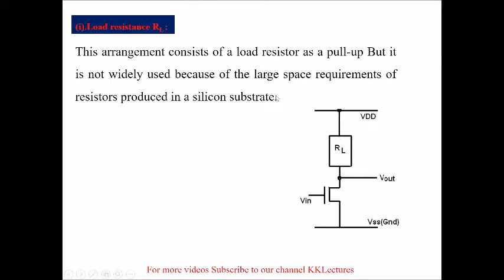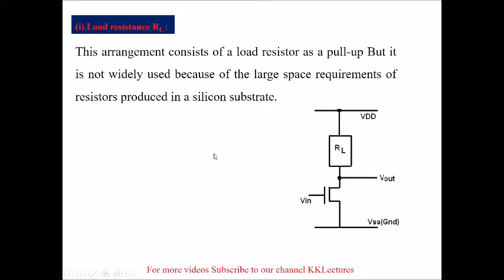This arrangement will give the CMOS inverter output, but it is not widely used because of the large space requirement of resistors produced in a silicon substrate. The problem with having a load resistor in the pull-up network is that it is not easy to fabricate, and it takes more space on a silicon substrate.